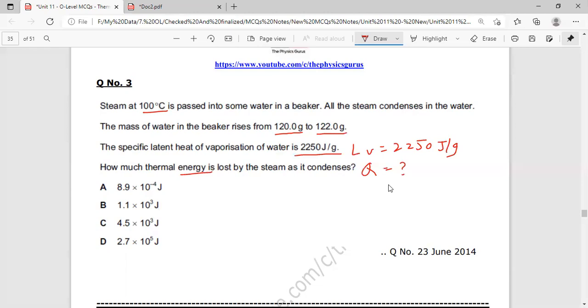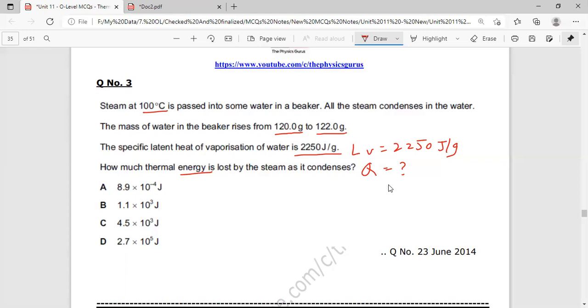So now what do you think? What mass will we consider? 120, 122 or 2 grams? Just think over there. Can you guess? Can you solve this? Can anyone tell?